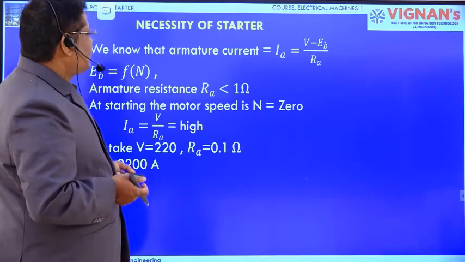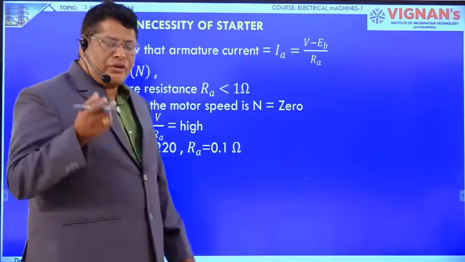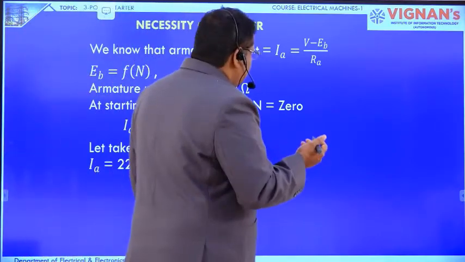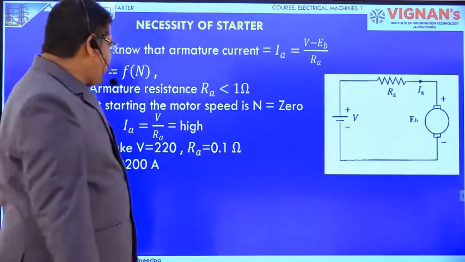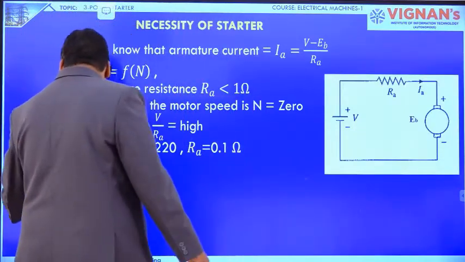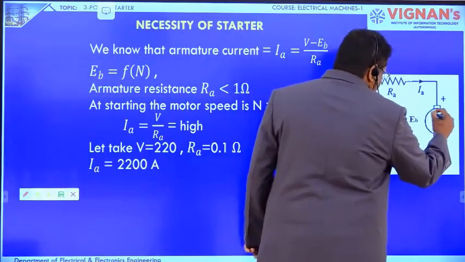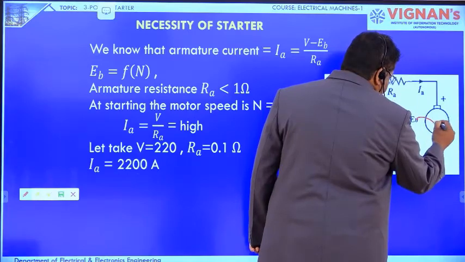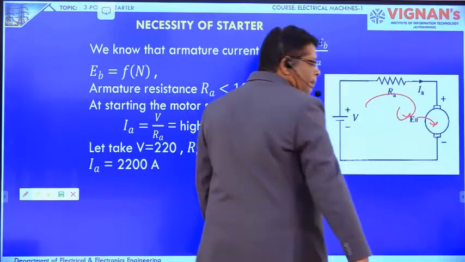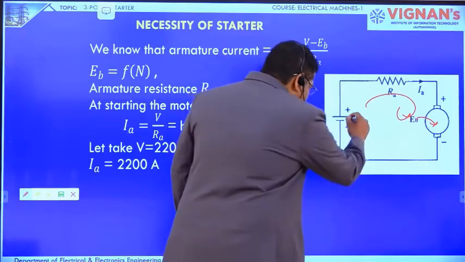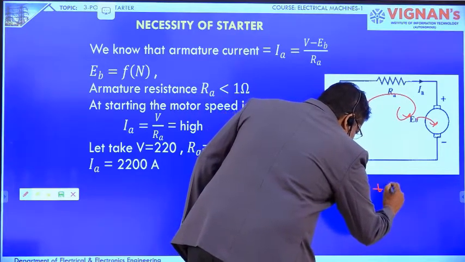Now, the necessity of the starter. See here, we already know the shunt motor. This is the armature. In the armature, the back EMF is there. Now apply KVL in this loop: the input voltage V equals EB plus Ia Ra.